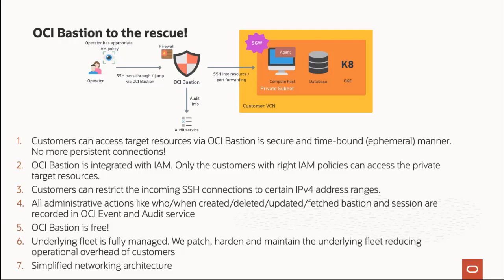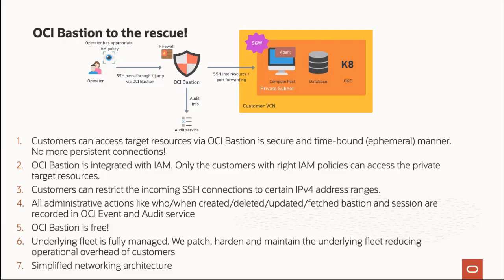Of course, using this service, customers can restrict the incoming SSH connections to certain IPv4 address ranges. For example, let's say in your organization, you already know that there are certain IPv4 ranges from where your operators access the private target resources. You can basically restrict the incoming SSH connections to those ranges.